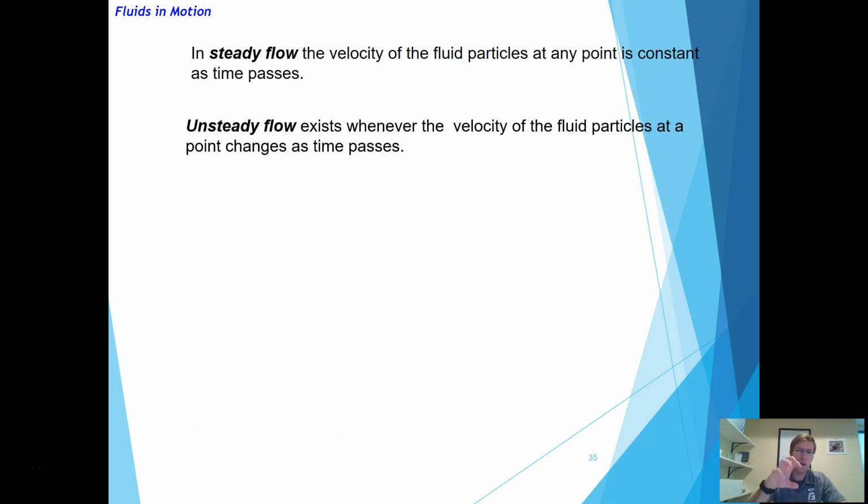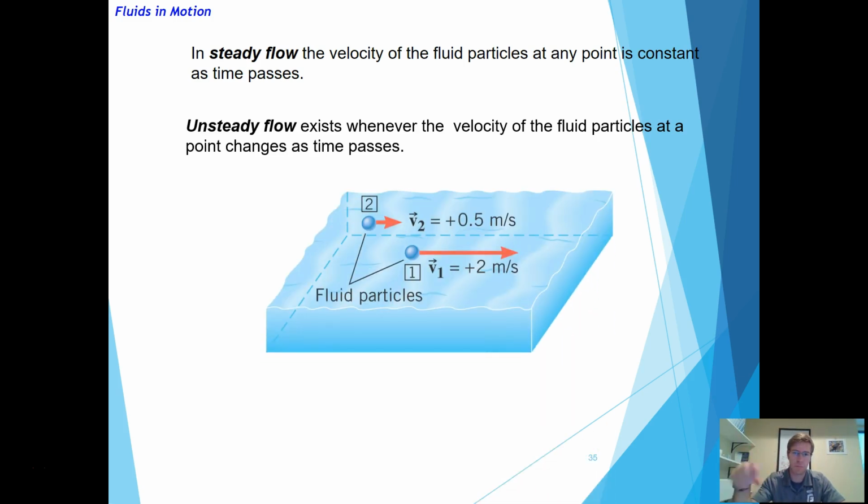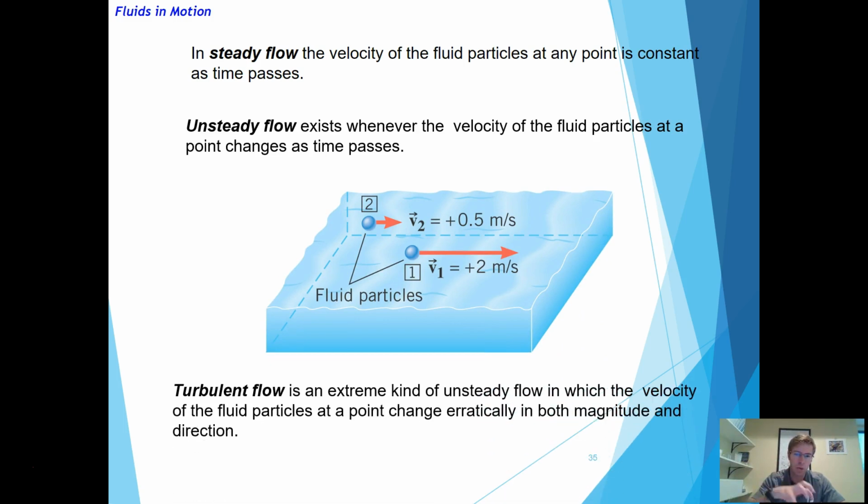The other is unsteady flow, which means the velocities of the particles are not the same. So you can have different amounts of chaotic flow between different particles at different points. And when you have an extreme amount of difference in velocity, direction, and magnitude of different particles within a fluid, you call that turbulent flow. So very steady flow we'll call laminar, and very unsteady flow we're going to call turbulent flow.